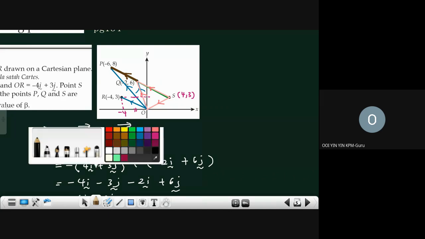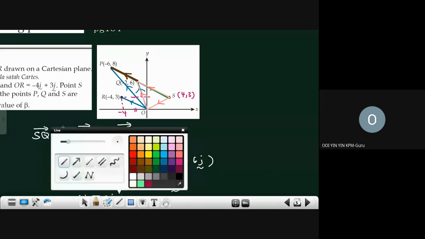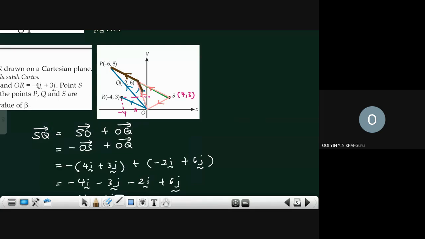So starting from your Q, right? So you must always also same here, starting from your Q, my Q here, I can go to my O first, and then later from my O, I can go to my P. This triangle, can you see that?